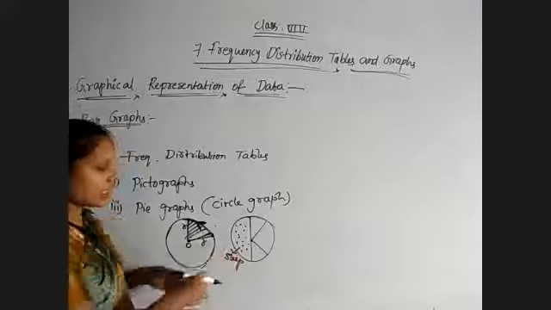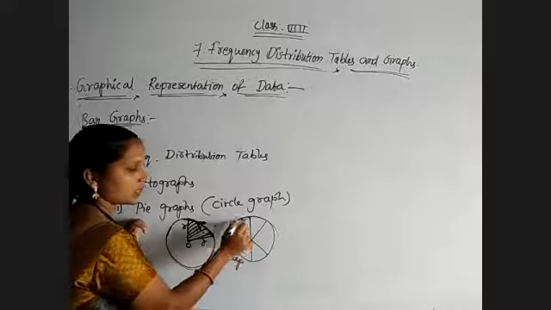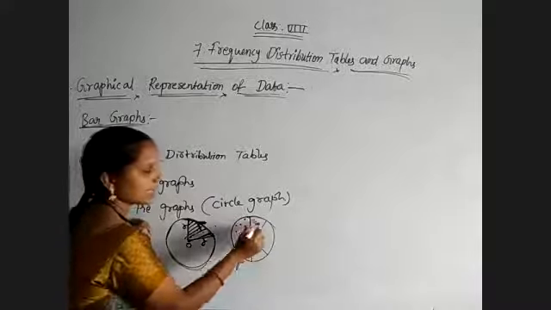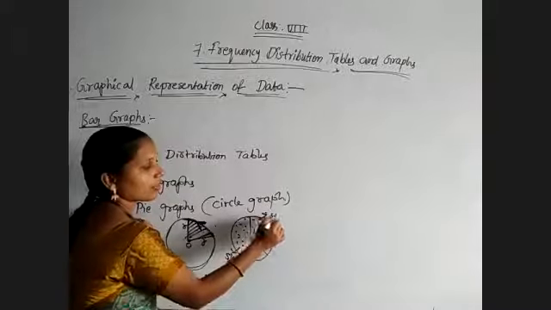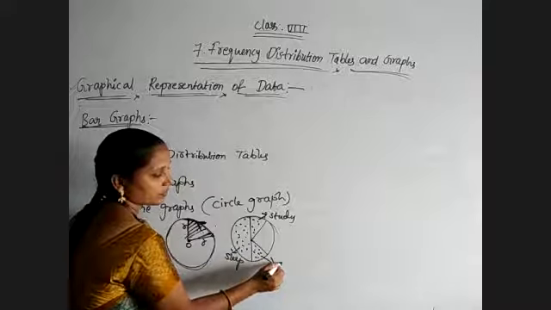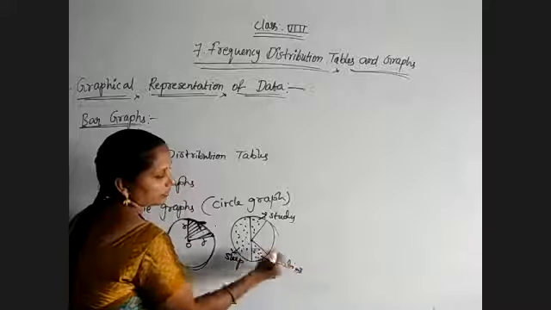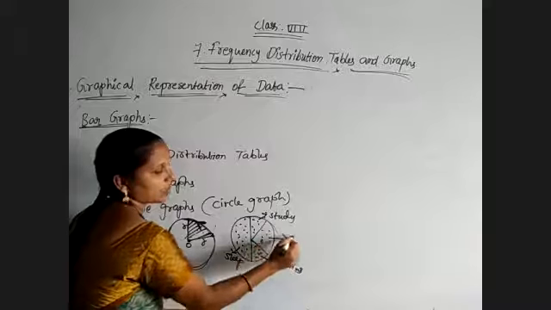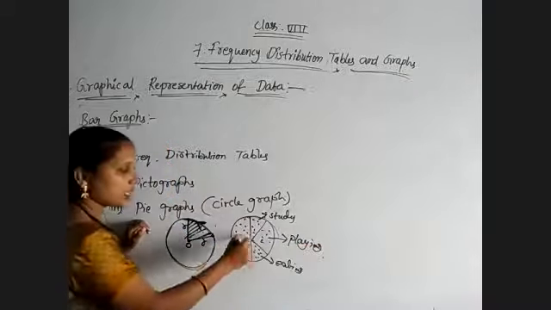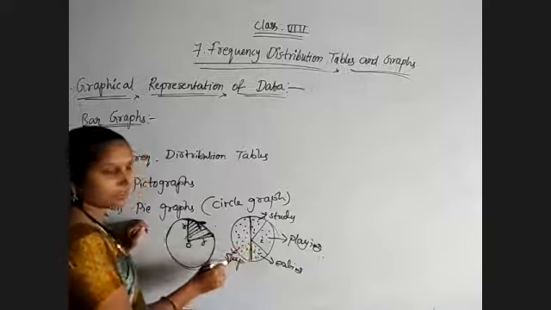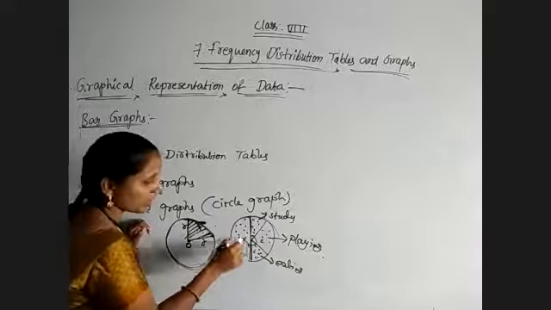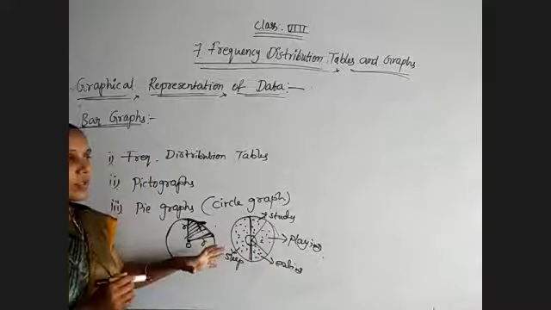This much time he is using for sleep, this for study, this for eating, and this for playing, for suppose. Just observe here, most of the time he is using for sleep. How much exactly the remaining is, we don't know, but that also we can find by using angle sectors.